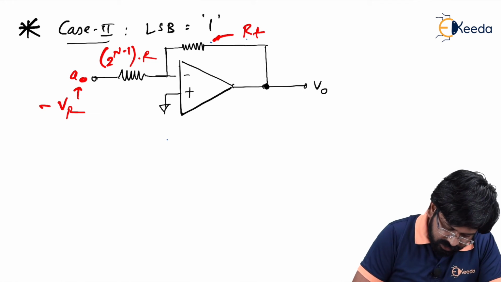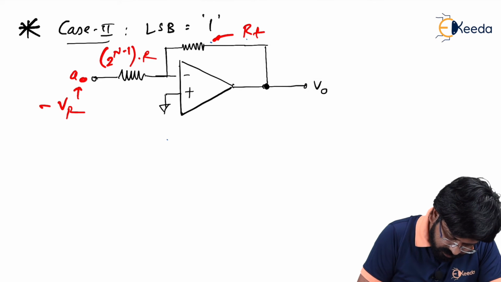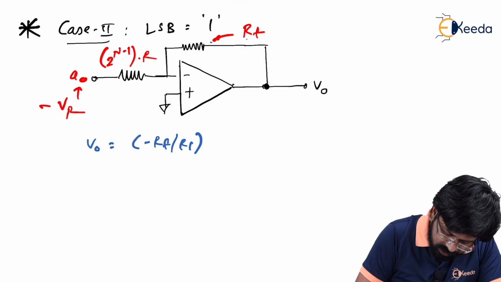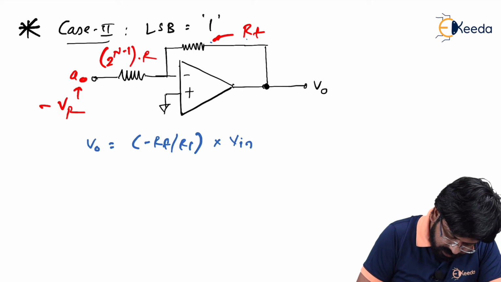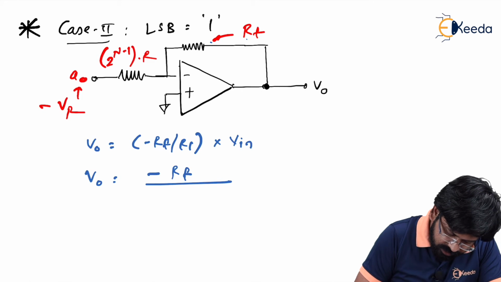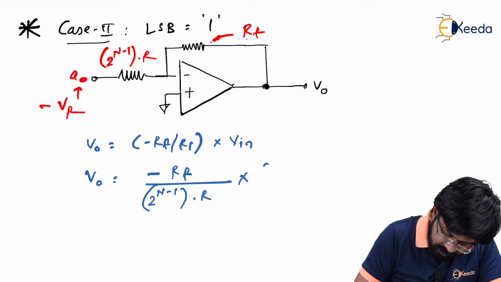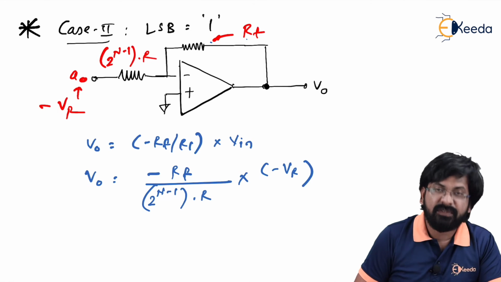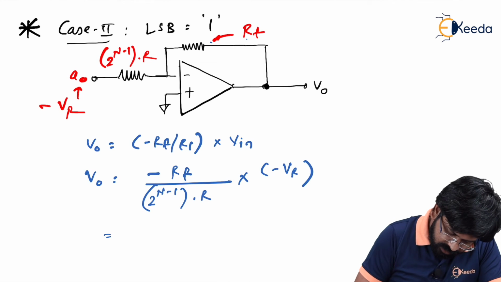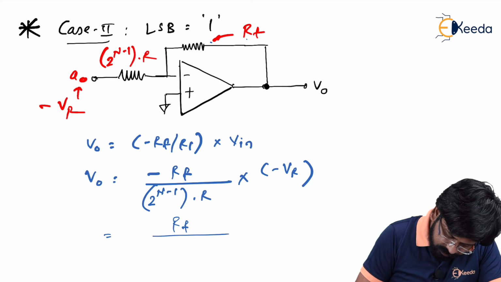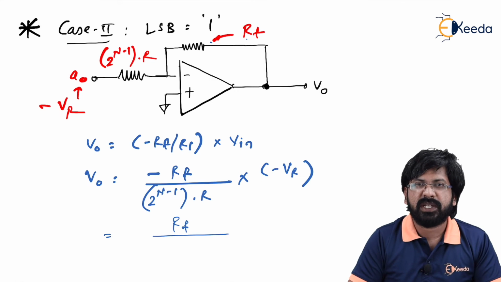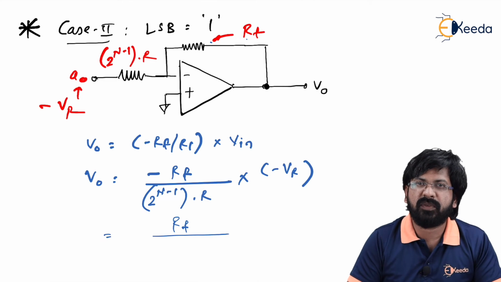Is that right? In a way, now I can write like this: V0 is equal to minus Rf upon R1, which is a standard formula, multiplied by Vin. V0 equal to minus Rf, I'll keep as it is, divided by R1 value, this time it is 2 raised to n minus 1 times R, multiplied by minus Vr. We know that negative negative will become positive, so I can write Rf upon, see, 2 raised to n minus 1 can be written as 2 raised to n into 2 to the power minus 1.